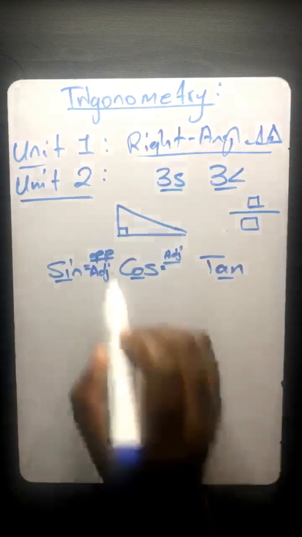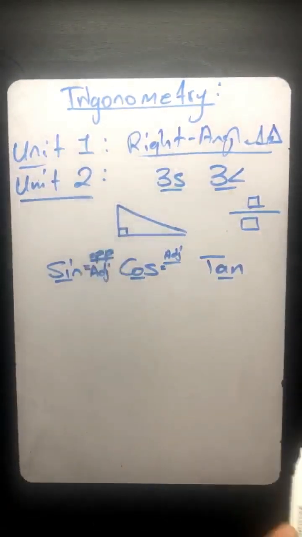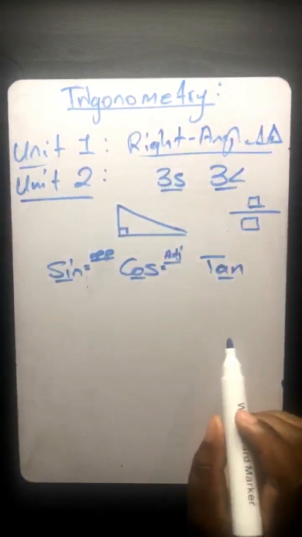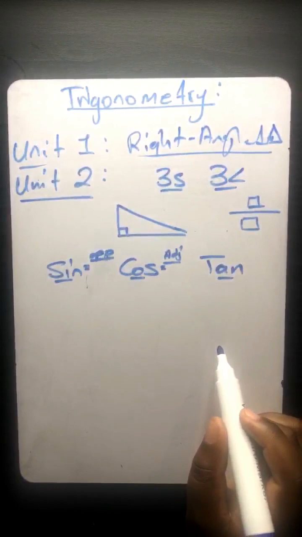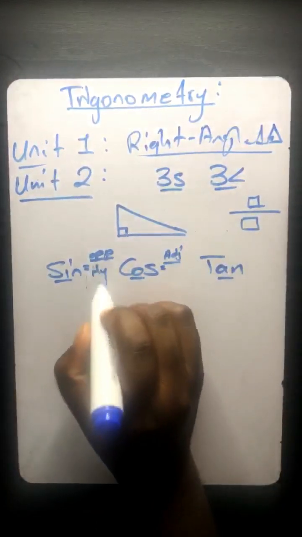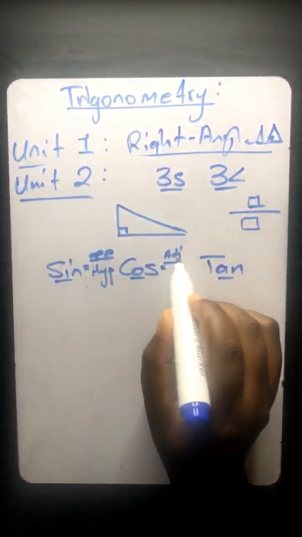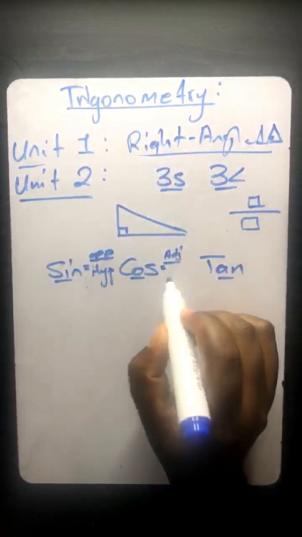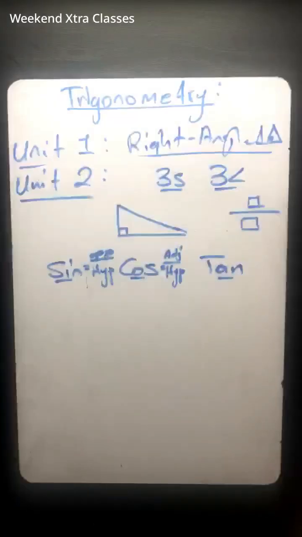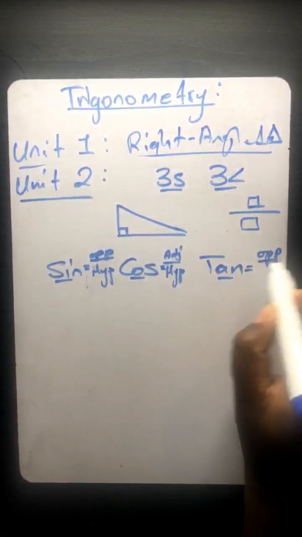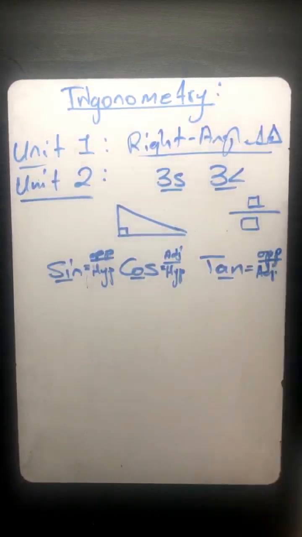So this is actually tan and not sine. I'll quickly correct that and say sine is opposite over hypotenuse. That is the trig ratio for sine. When it comes to cos, it's adjacent over hypotenuse. And tan is TOA, meaning opposite over adjacent.